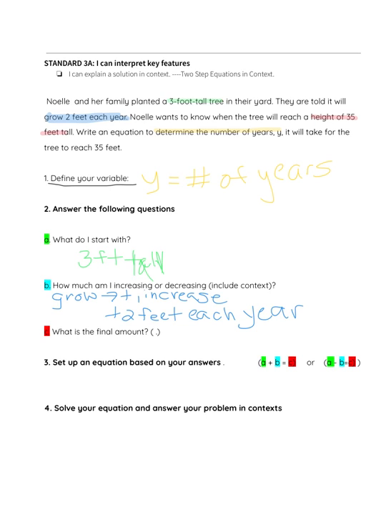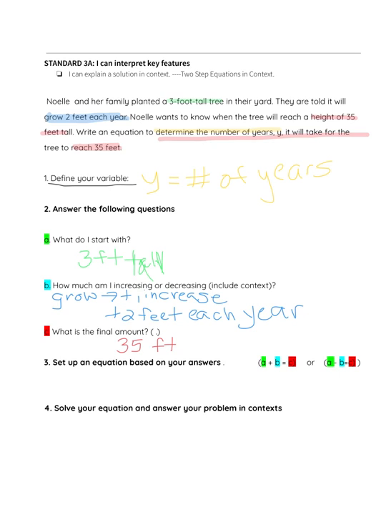And you can see it says it there, and it also says it in the question: how many years will it take for the tree to reach 35 feet? Okay, so we're going to record that. We figured out our C, 35 feet. Now we're going to set up our equation.